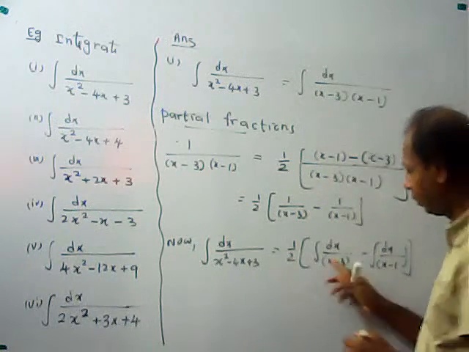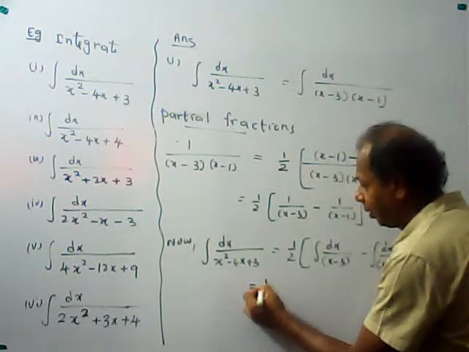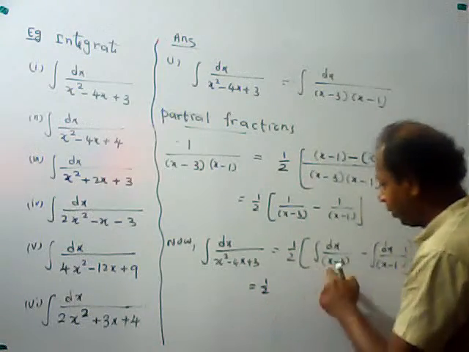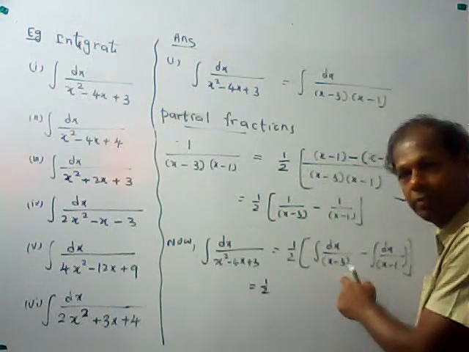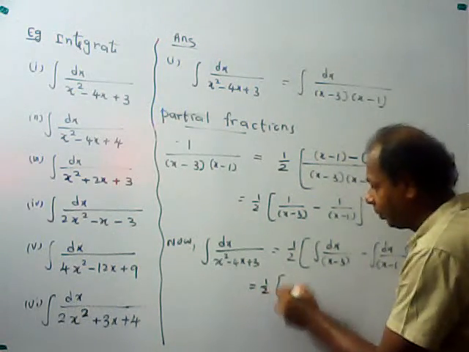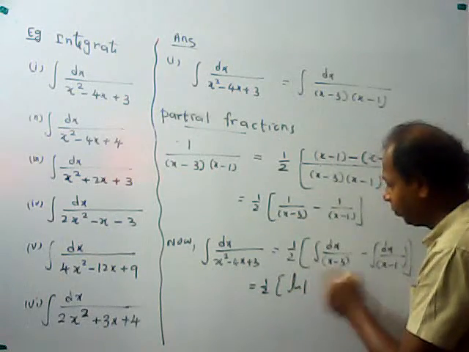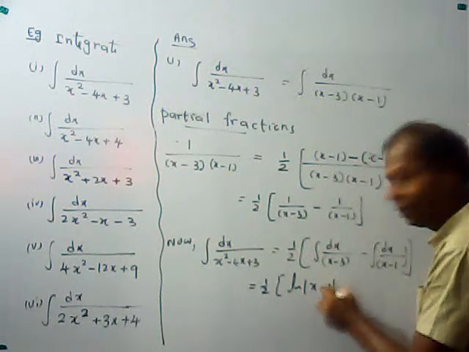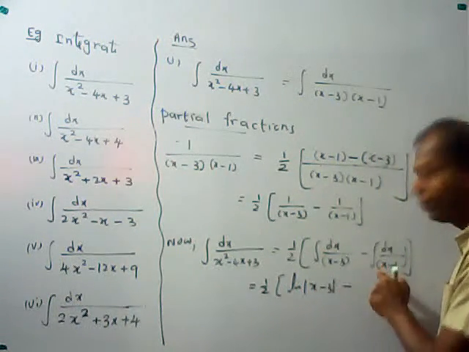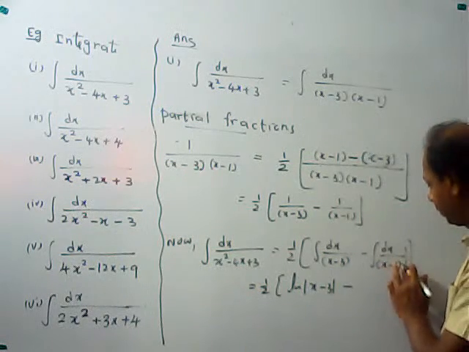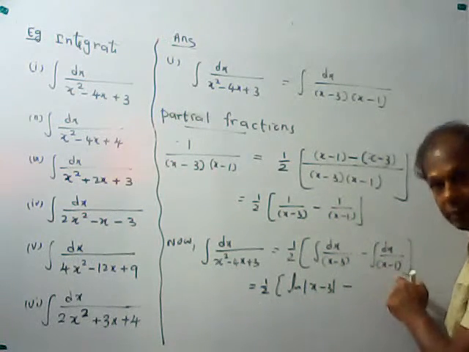Integrating half of 1 over x minus 3, it is ln form, ln mod of x minus 3, minus again 1 over x minus 1, it is again ln form.